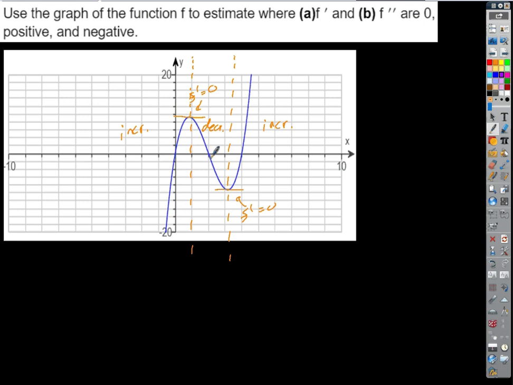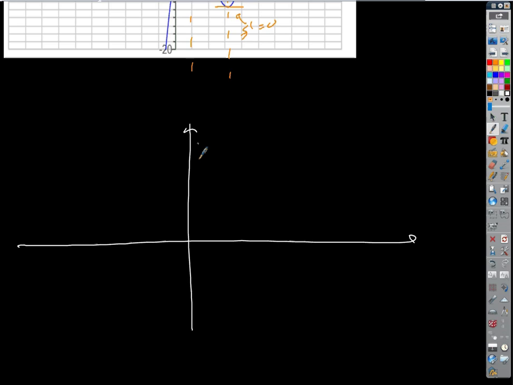Now that's different from something like this, and I want to make this very clear. What if I had a similar function that was doing this? It was concave up, and then all of a sudden it's concave down. No tangent line exists. You see the difference? So this is not a place where you're going to have the second derivative equal to 0, because the tangent line doesn't exist there.